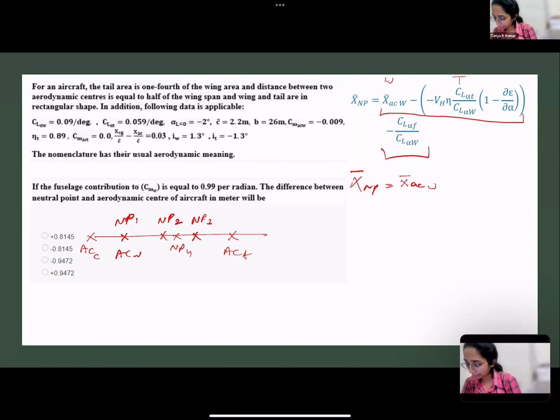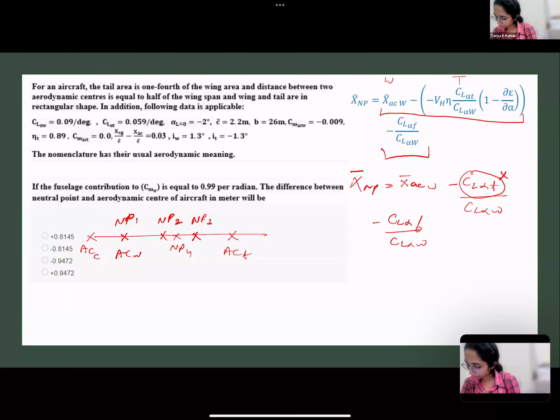So XAC wing minus CL alpha of the tail by CL alpha of the wing. Now the CL alpha of the tail, you cannot use as such. It has other components associated with it. So it has VH and all of those things. Then you have CL alpha fuselage minus CL alpha wing.